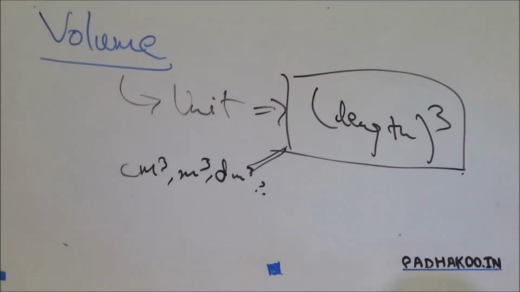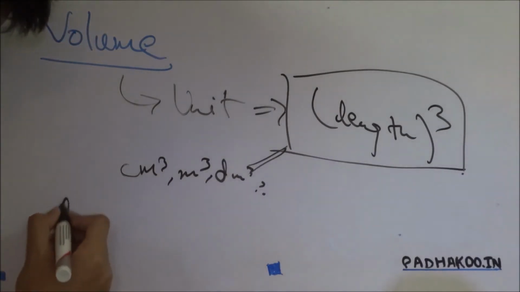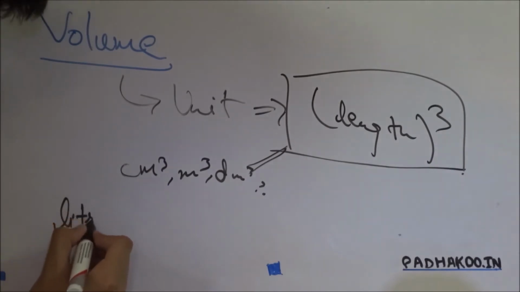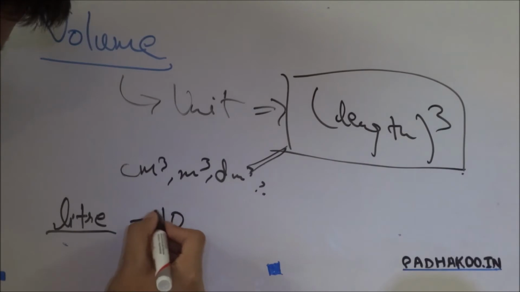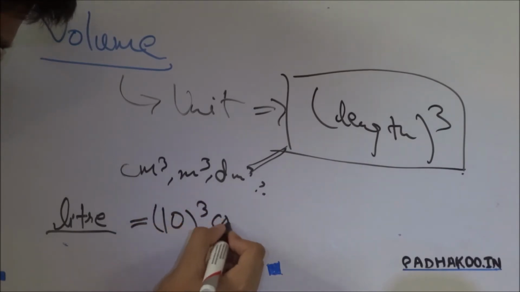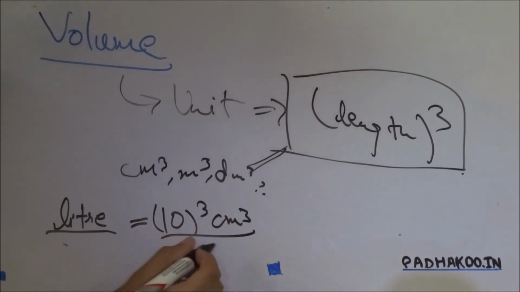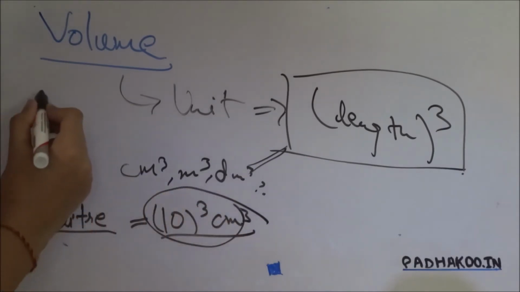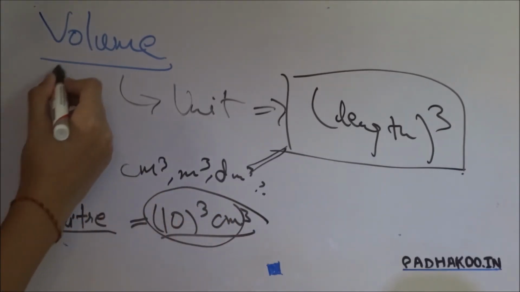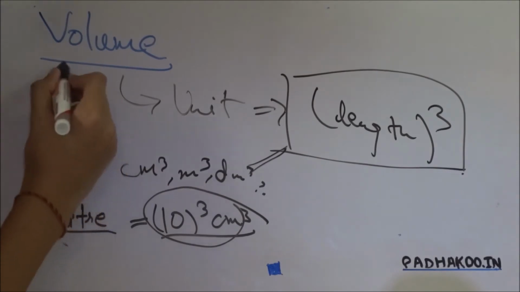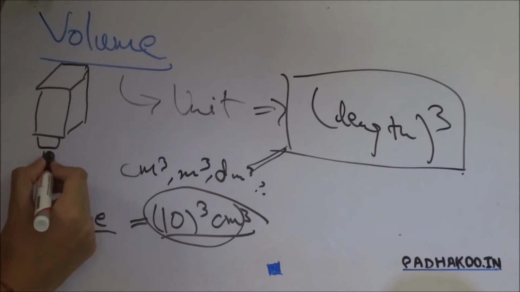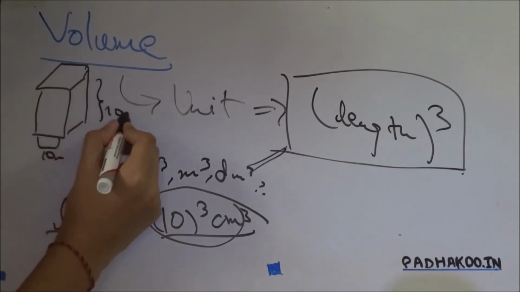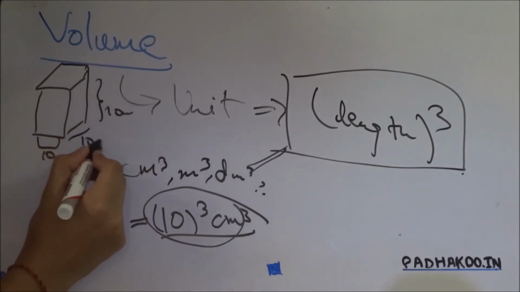There's also one more unit, the liter. So 1 liter is also there as a unit, but we need to remember that 1 liter is equal to 1000, or you can say 10 to the power of 3 centimeter cube. Why have I written this? Let's suppose there's a box of dimensions 10 centimeter by 10 centimeter by 10 centimeter.